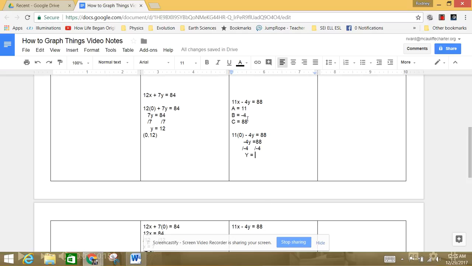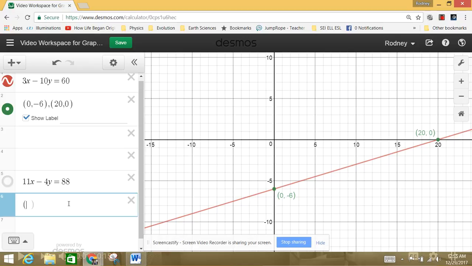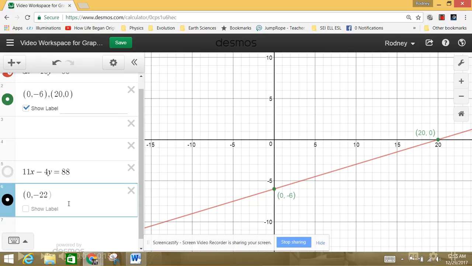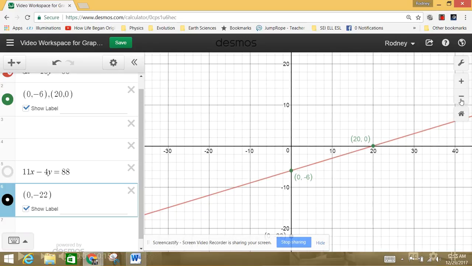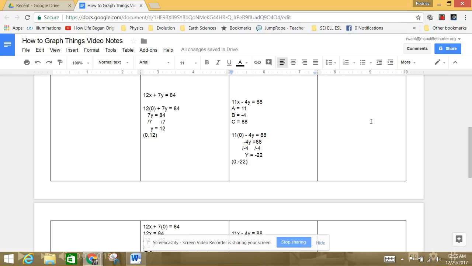That's c over b. So the y-intercept is going to be negative 22. So 0 comma negative 22. We go ahead and plot that. 0 comma negative 22. I'll show label. I'll zoom out so you can actually see it. And there it is.